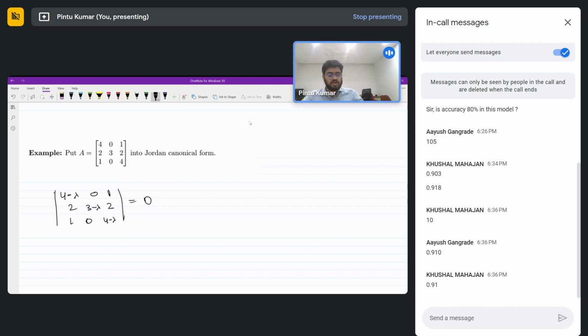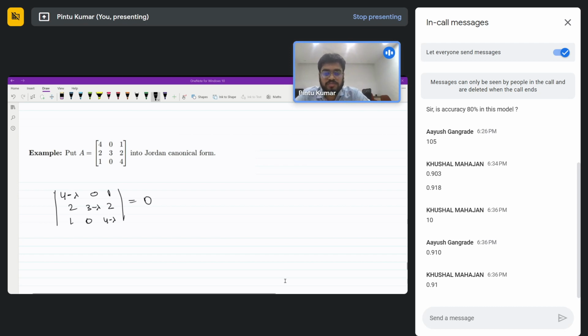Can some of you tell me the eigenvalue? I'll not take the time in calculating the eigenvalue. I'll just use some software to calculate it for me, so that we can cover all 3 examples in the time that we have. The main aim is to show you how we calculate the Jordan blocks.